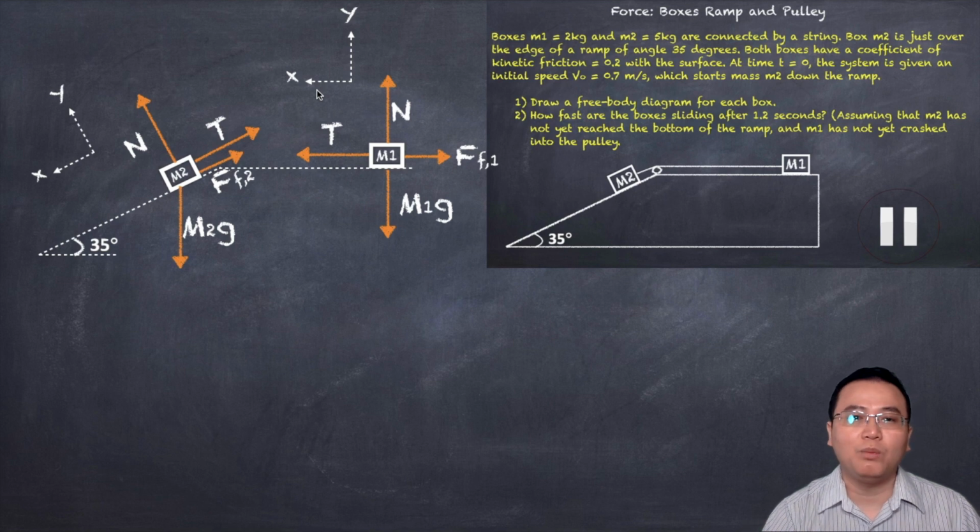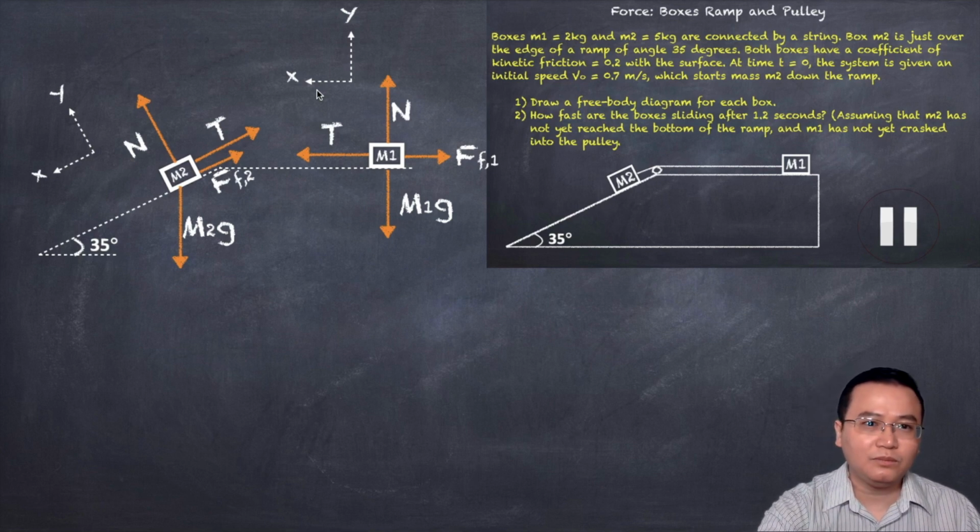The whole purpose of a coordinate system is to help you solve problems. You can use a different coordinate system and you will get the same answer. I like to use it this way because it's more convenient for me to keep track of direction. As you can see, y is this direction and x is this direction because this box is moving this way. If it moves this way in x, then this way down the incline is also referred to as x2.